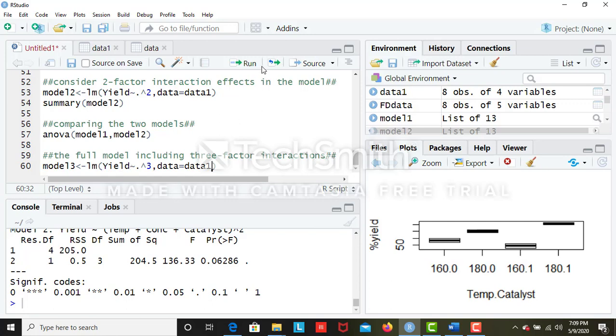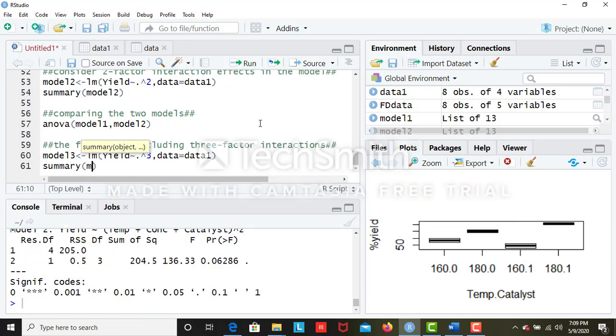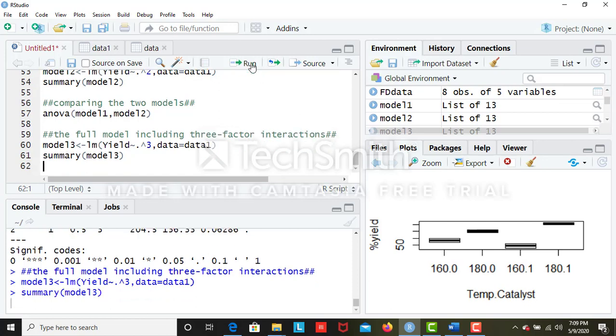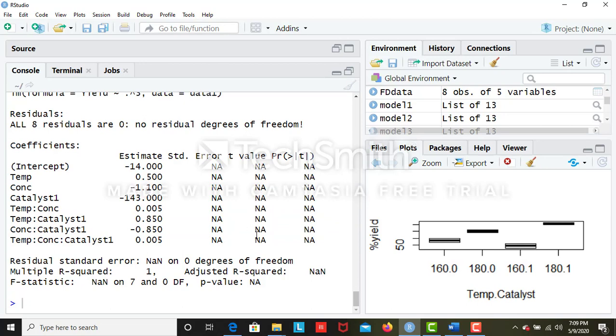I'm going to look at the summary of the model. So I'm going to run this and then I look at the summary. You can see here that we have the estimated coefficients, but here we don't have any value.